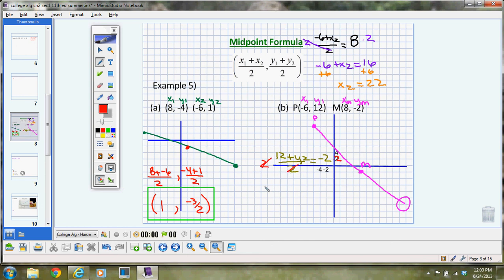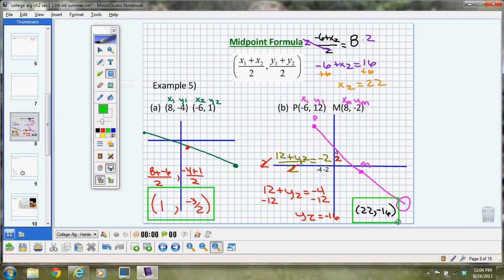I get 12 plus y2 equals negative 4. Then I'm going to subtract my 12, and I get y2 equals negative 16. So the answer they would want, or excuse me, my endpoint to get that midpoint would be 22, comma, negative 16. And that should be in the circled area.